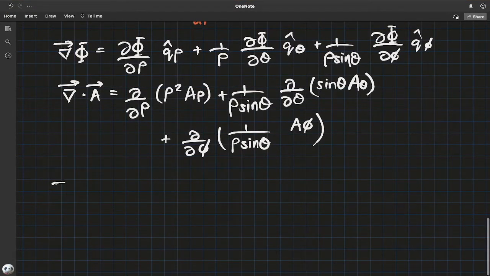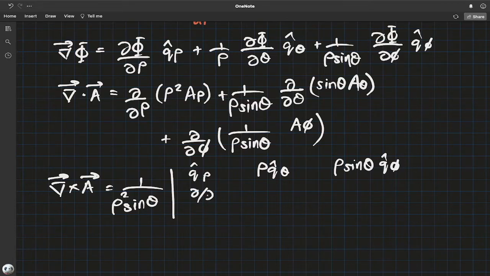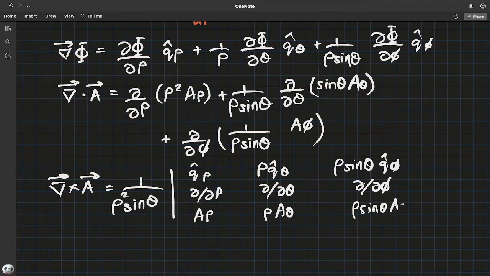Okay, so the last guy is, well, the curl of A. And again, I'm gonna skip some steps. We have 1 over rho squared sine theta, determinant of rho hat, rho theta hat, rho sine theta phi hat; partial with respect to rho, partial with respect to theta, partial with respect to phi; A sub rho, A sub theta, rho sine theta A sub phi.